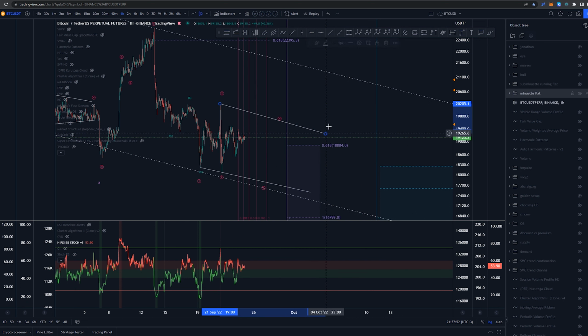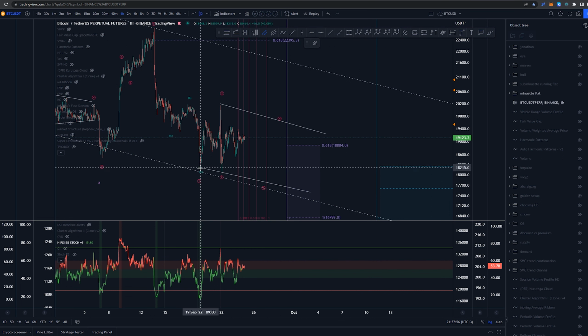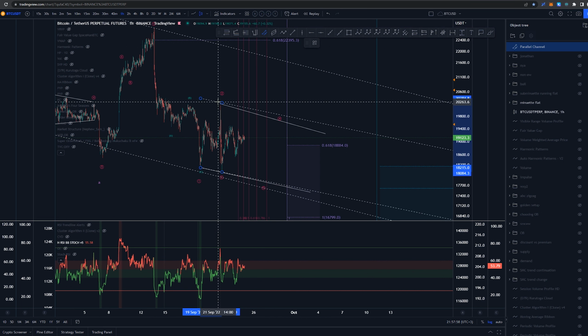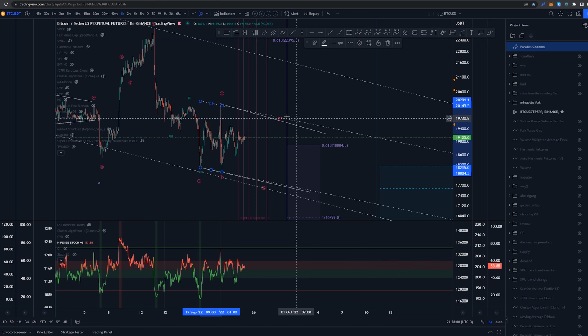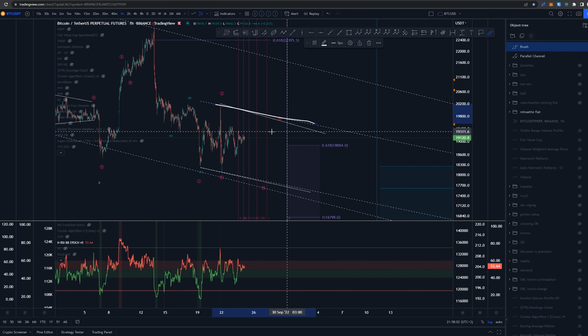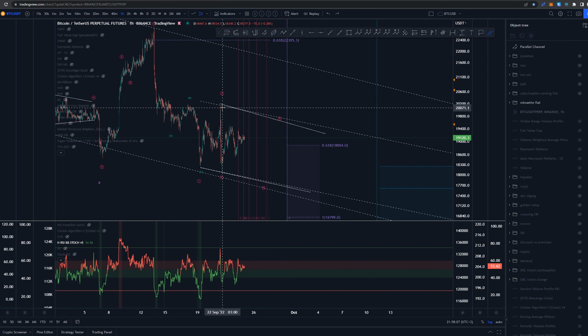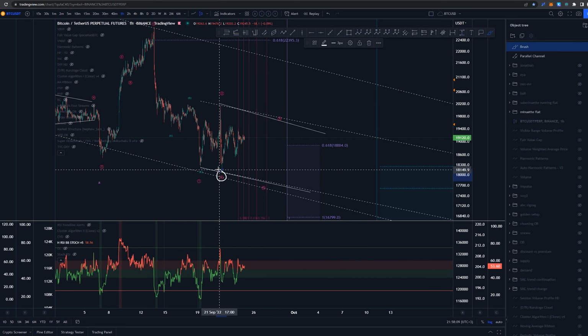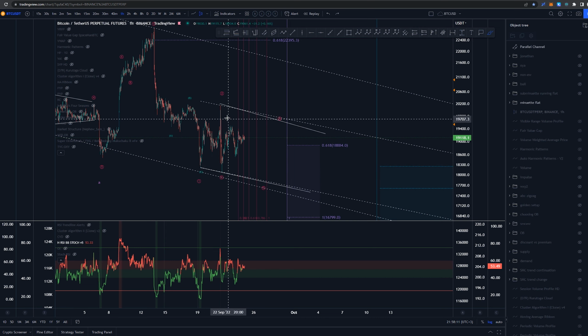Now, if that would be the case, we would be looking to create some kind of channel here, and as long as we don't break the upper channel line here, we are creating some kind of contracting diagonal, because wave 3 here would be smaller than wave 1, so this whole structure would need to be contracting in order to have the right look.